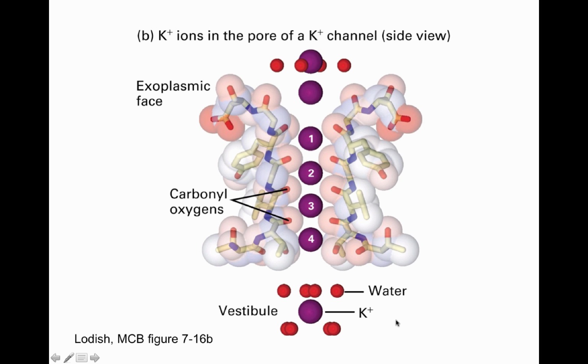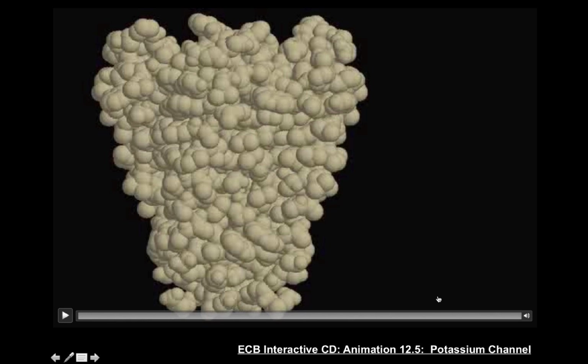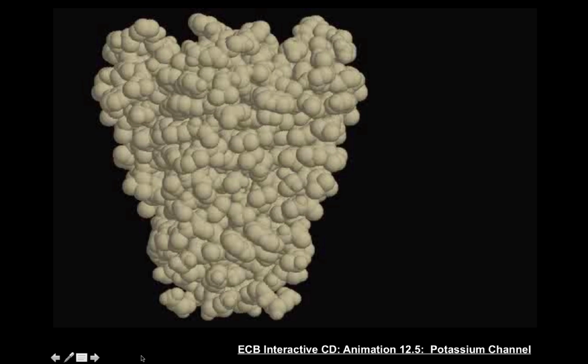So when the potassium ion that is surrounded by water in the vestibule passes through, the positively charged potassium ion will be able to be shuffled across the selectivity filter by the negative charge of the carbonyl oxygens found within the selectivity loops. To illustrate this, let me show you this movie that is going to show you how the potassium channel works.